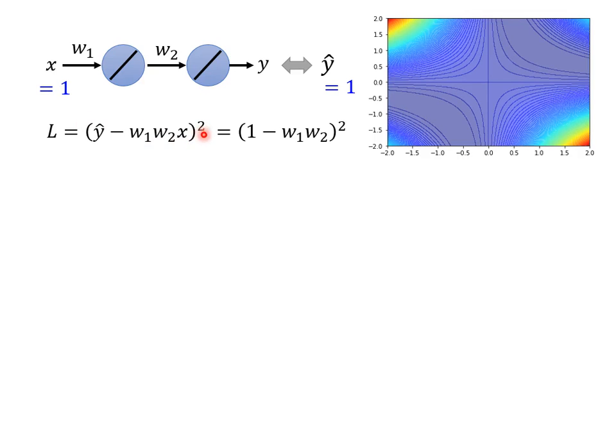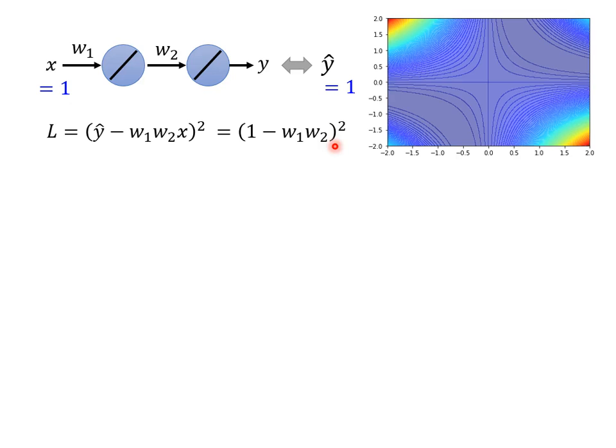There is only one data point, so we don't have to sum over all training data. Plug in X equals 1 and y hat equals 1. So the loss function is (1 minus W1 W2) squared.